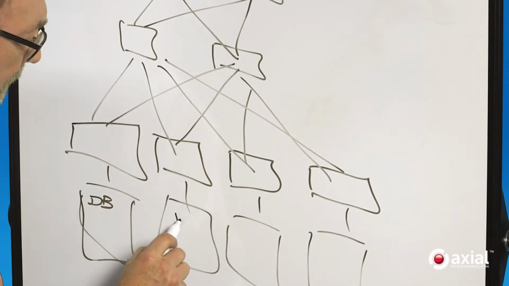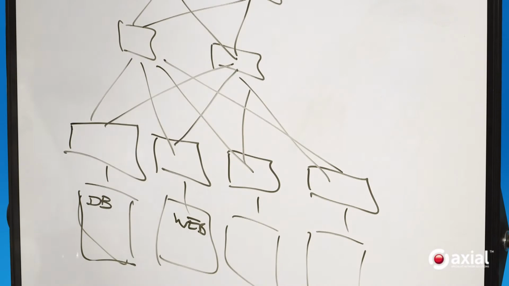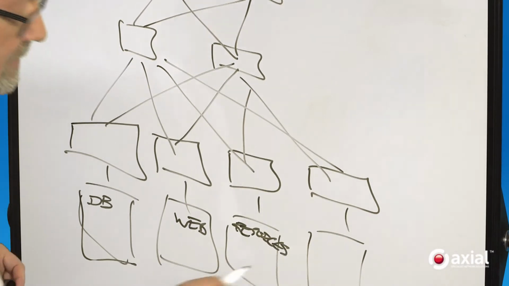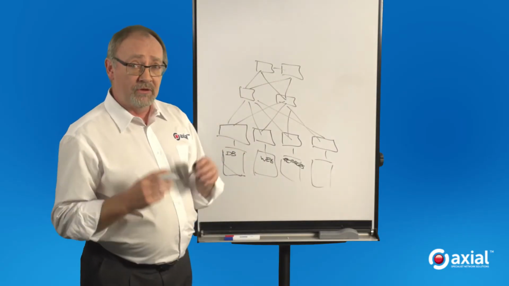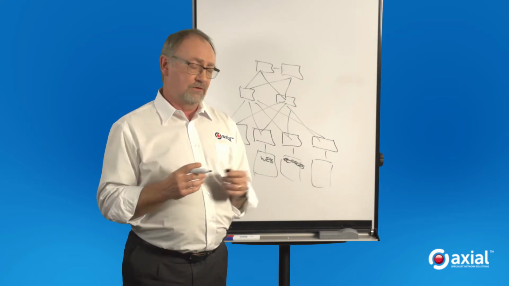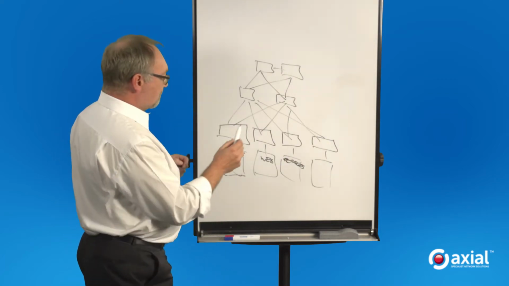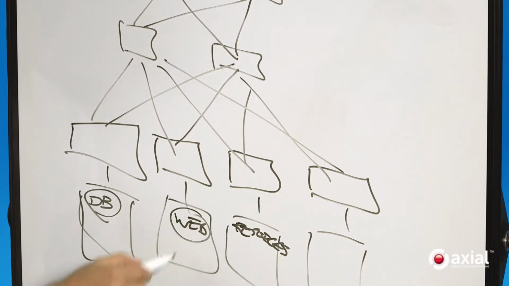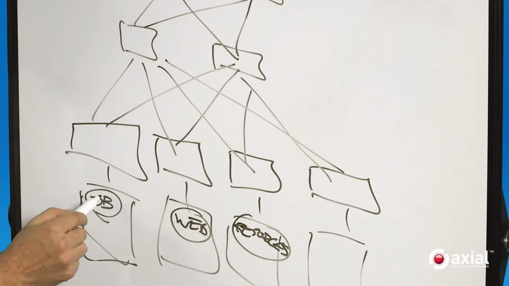You may also have maybe a web front end part of the application sitting over here. You may have some other resources related to this app sitting over here. And they all need to communicate with each other in order to deliver the application out to your end users and customers.